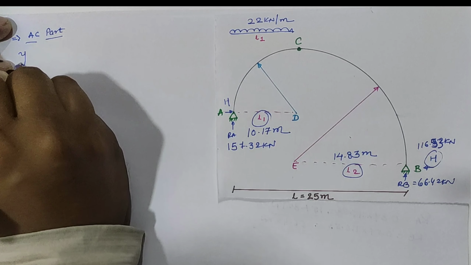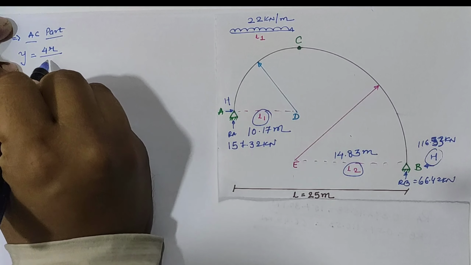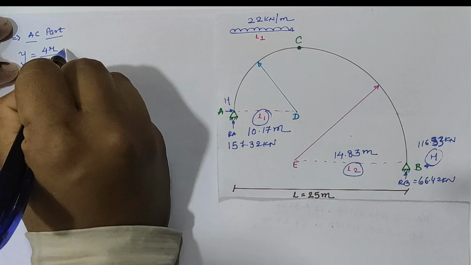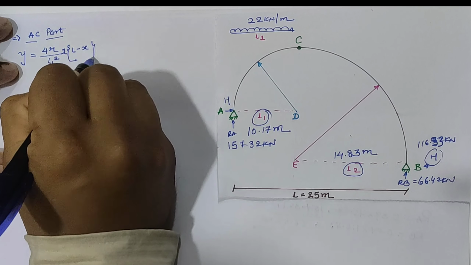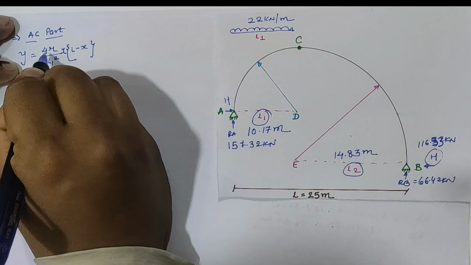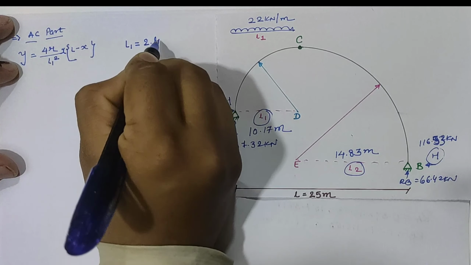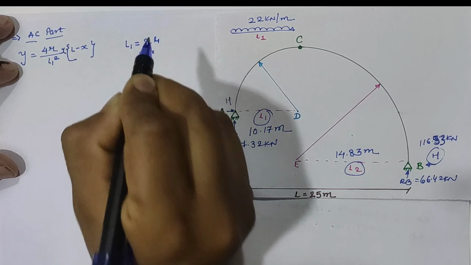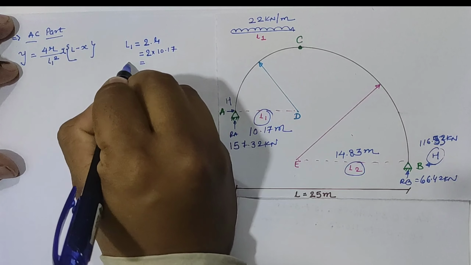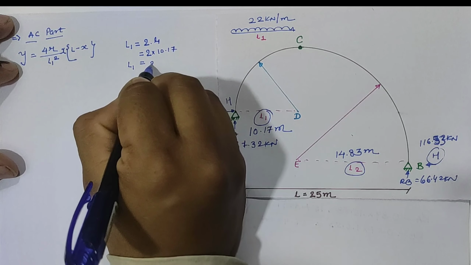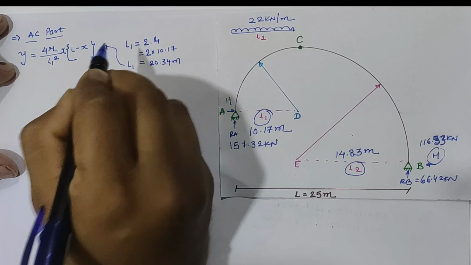using the equation y is equal to 4r by L1 square into x into L minus x. But for these terms, capital L1 is equal to 2 times small l1, where 2 times small l1 is 10.17. So we have to put capital L1 value as 20.34 meter in the equation of parabola.